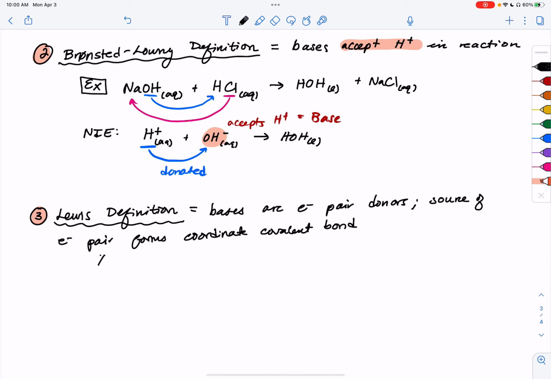Another way to say this is these are nucleophiles. So nucleo meaning like nucleus, meaning positive charge, lovers.